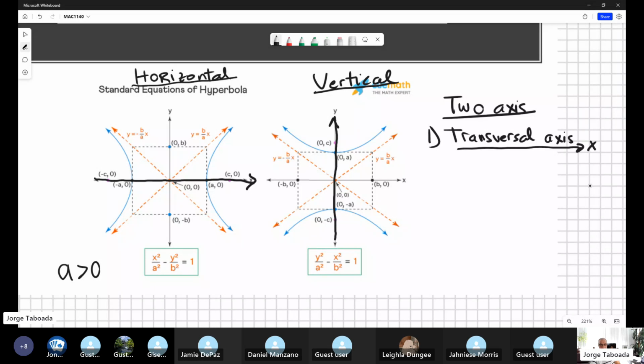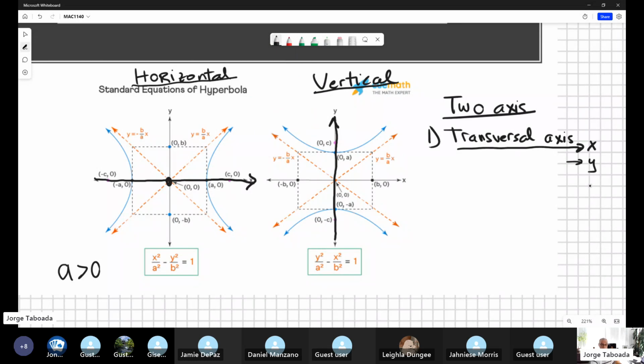You see in the other equation? In the other equation, A, which is always the positive part, is associated with the Y. Therefore, that means that our transversal axis is coincident with the Y or parallel to the Y. So the equation gives me that information: the positive part is A, associated with the X or associated with the Y.